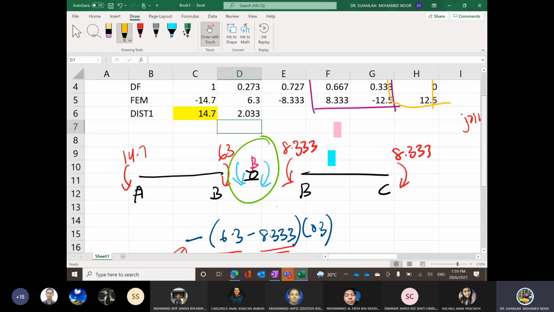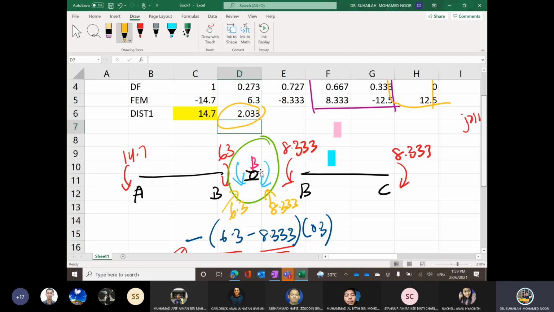Okay, actually this is 6.3 which is negative, right? And this is 8.333 which is positive. That is why the total moment we get 2.033. So the moment that we distribute is opposite with member end moment. That is why whenever we want to solve the value, we put negative to represent the opposite.